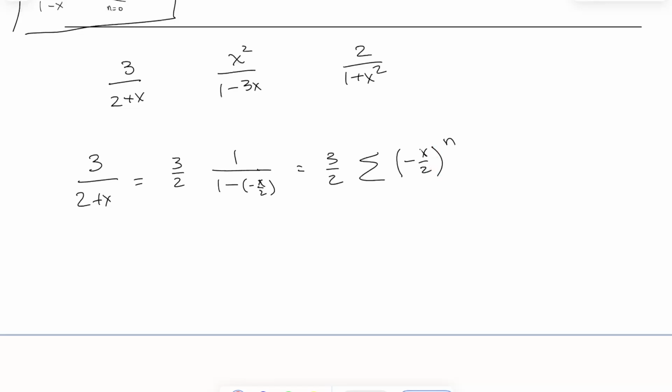And then, just to simplify this a little bit, I will write it as minus 1 to the n, x to the n over 2 to the n, and then push the 3 halves back in. It will say the sum of minus 1 to the n times 3x to the n over 2 to the n plus 1. Like that. I hope you got something like that. 2 times 2 to the n is 2 to the n plus 1.